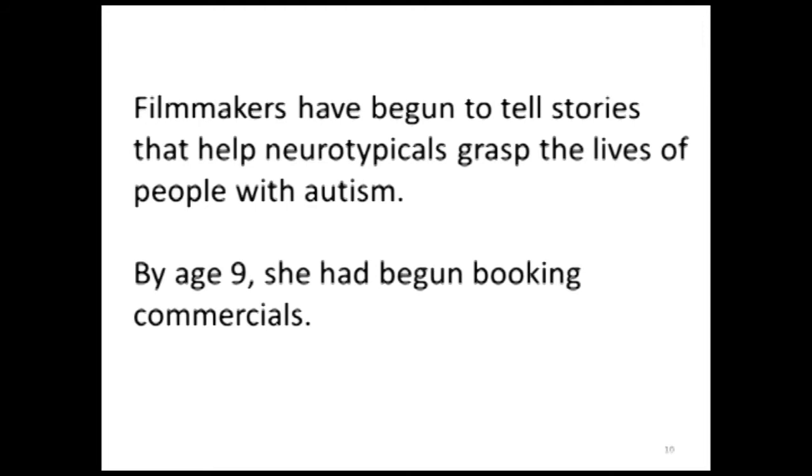Look at the second sentence. By age 9, she had begun. It's still perfect because it has the auxiliary verb have and the lexical verb in the past participle form. But it's not the same as have begun. It's had begun. So it's perfect in its secondary tense and it's past in its primary tense. Both of the systems are working at the same time. You can get present perfect or present non-perfect. You can get past perfect or past non-perfect.